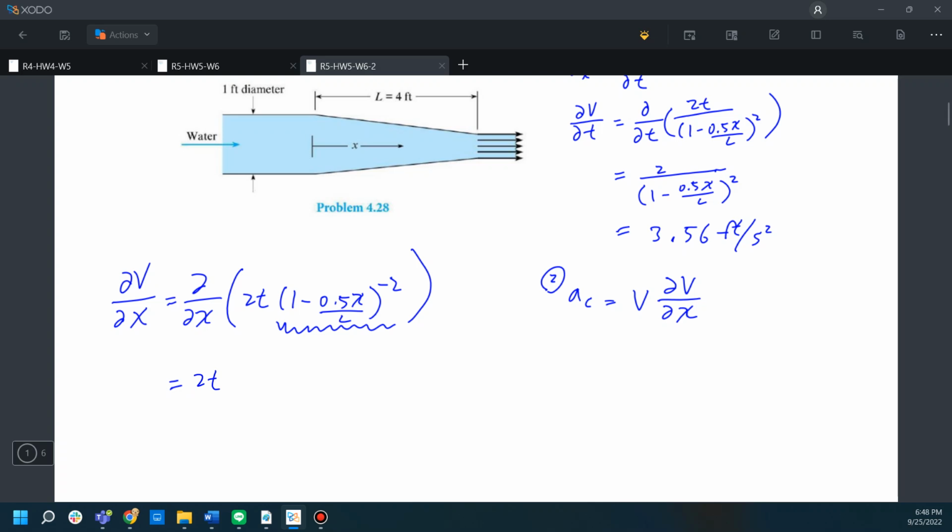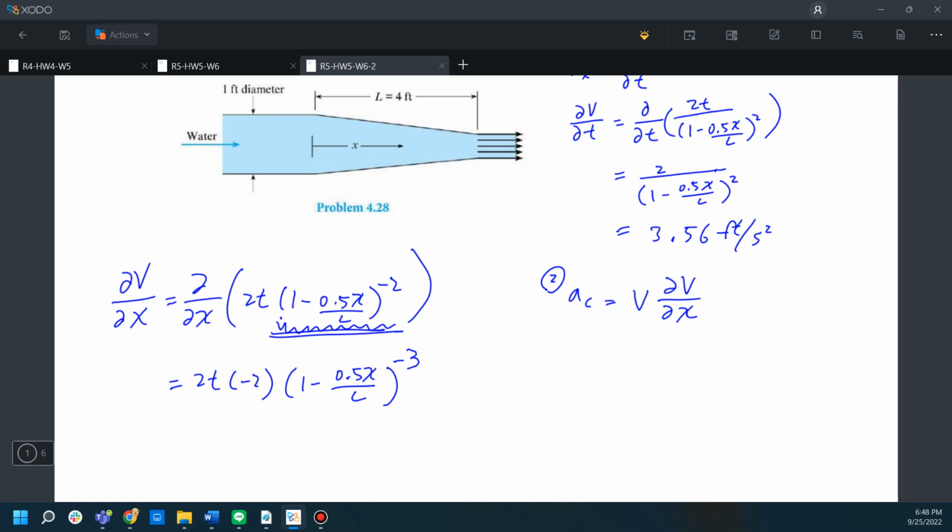Then we will apply the chain rule. We first take the derivative of this entire term here. Move the minus 2 down and times 1 minus 0.5x divided by L to the power of minus 3, because minus 2 minus 1 is equal to minus 3.